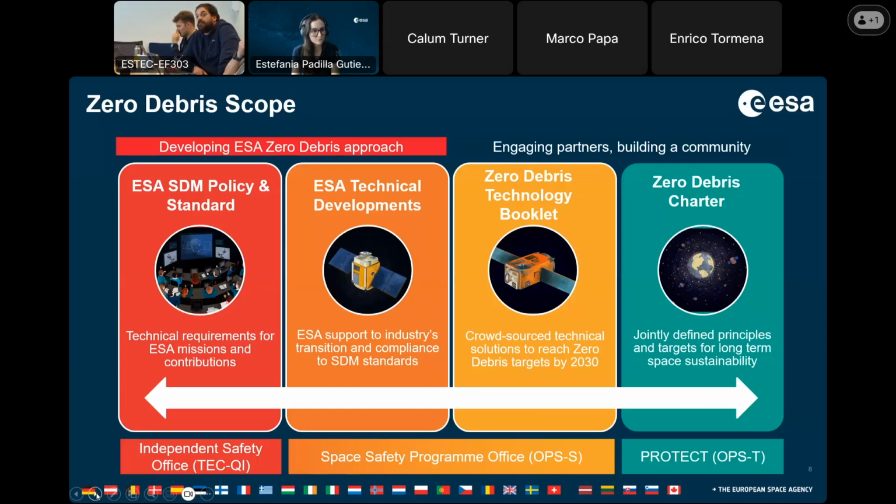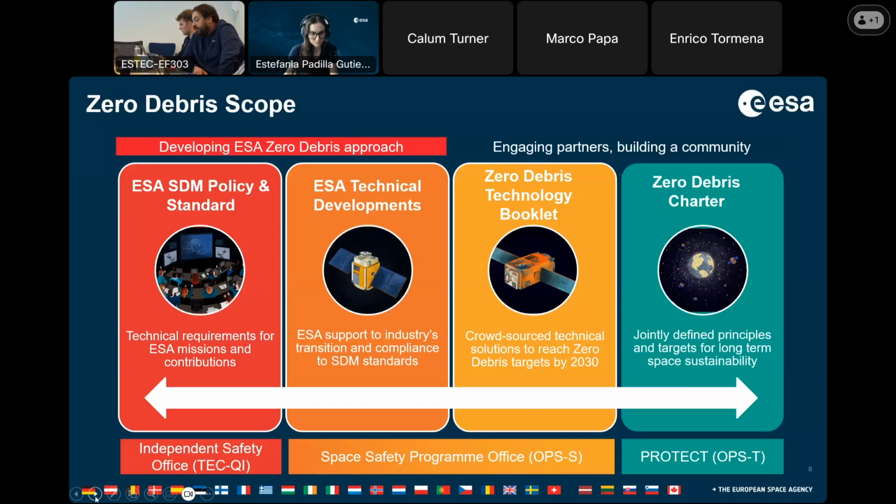Another very important part is related to the technical developments needed to obtain the very difficult objective of this transition that the zero debris approach implies. There is an effort by the agency to support the industry transition and compliance to the space debris mitigation standard.